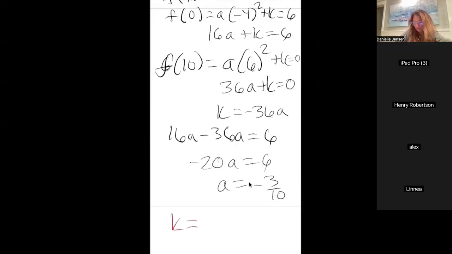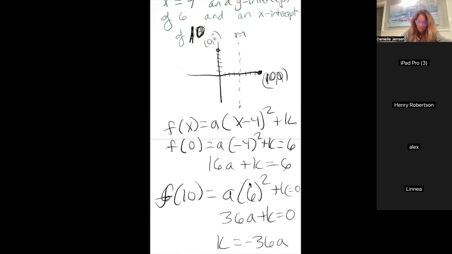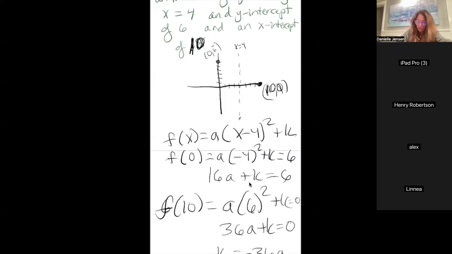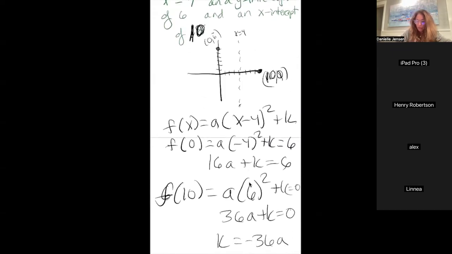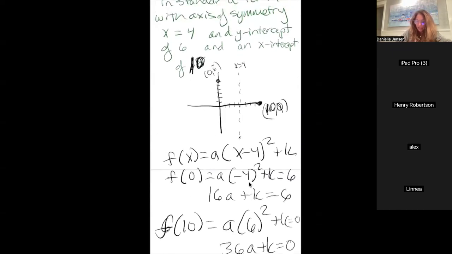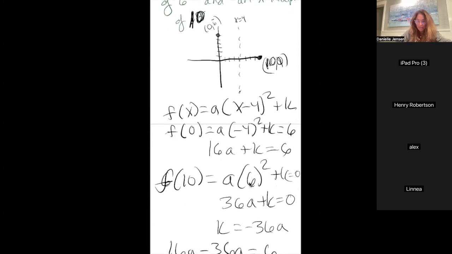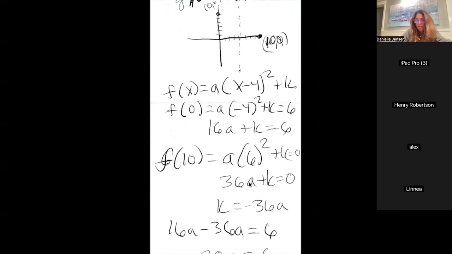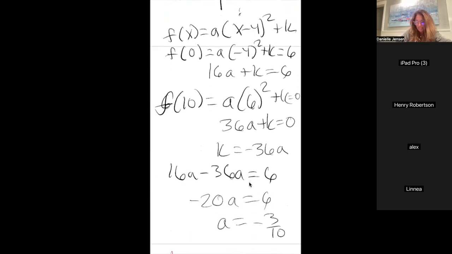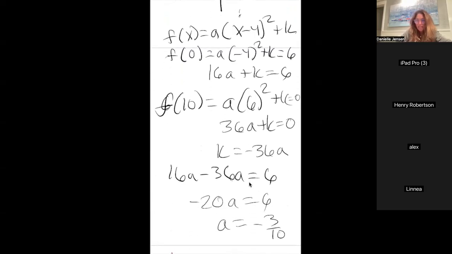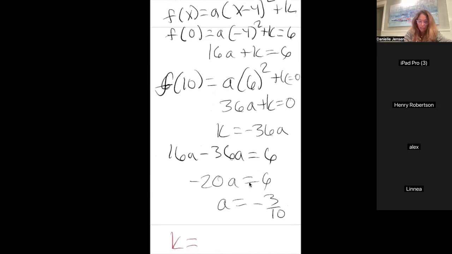Plug in 4 for x. 4 is our axis of symmetry, right? And if I know what A is, can I plug it back into this relationship between K and A that I found?